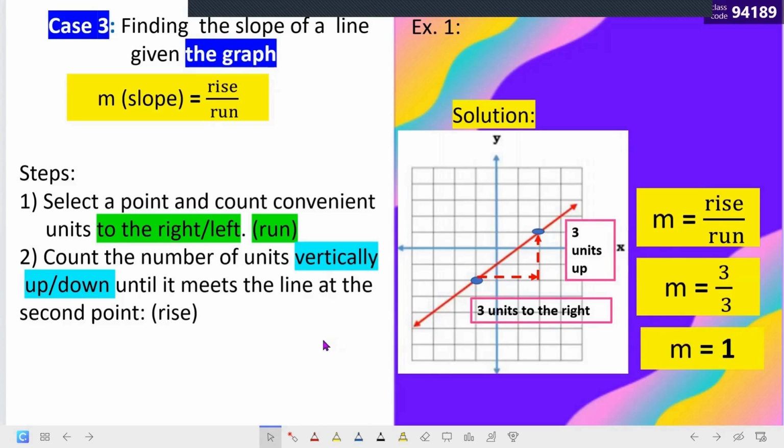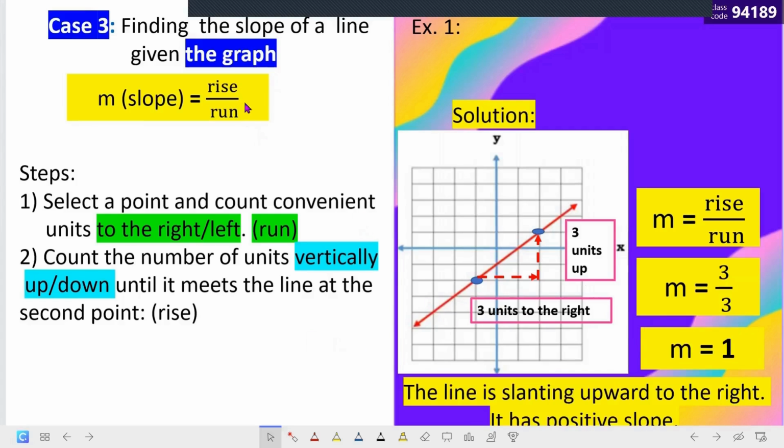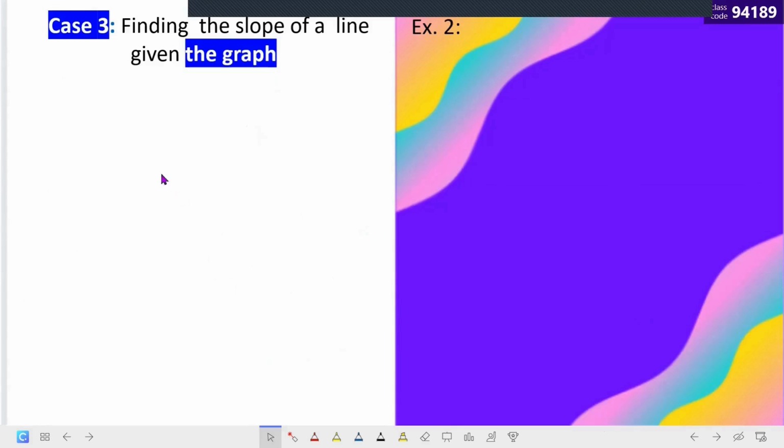So that's how we apply the formula rise over run when the graph is given. The line is slanting upward to the right, you notice it, and it has a positive slope. It confirms our previous example that slants to the right. The slope is positive. Next.